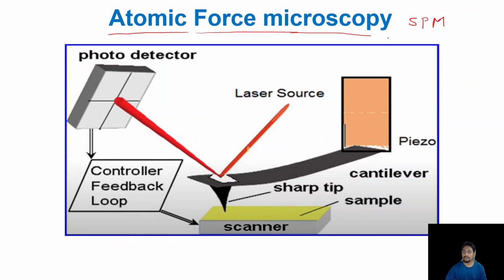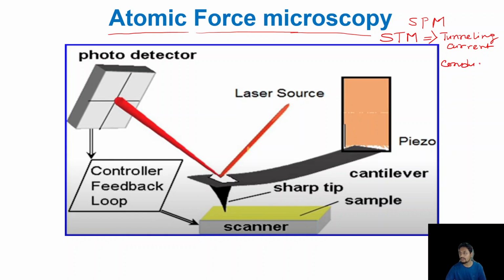Now, in case of scanning tunneling microscope, there is something called tunneling current. So we are measuring the tunneling current between the tip and the surface or the sample, right? So your tip as well as the surface must be conducting.